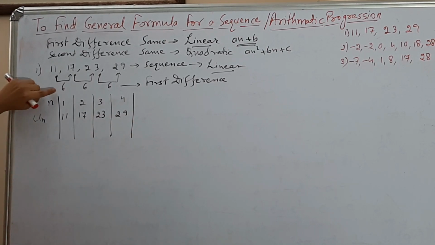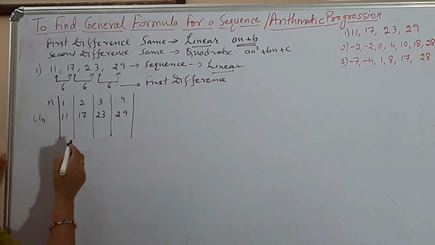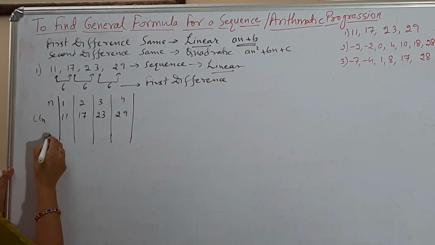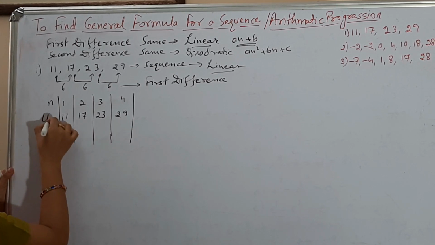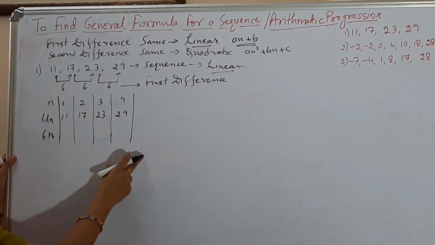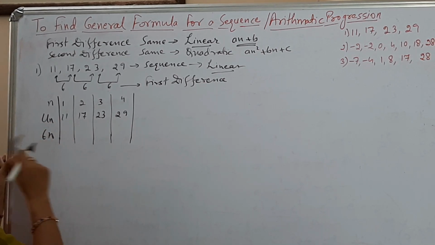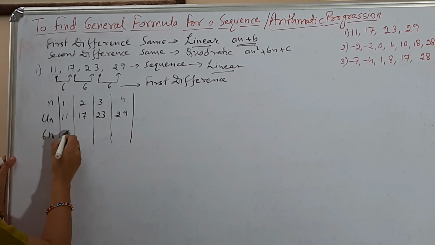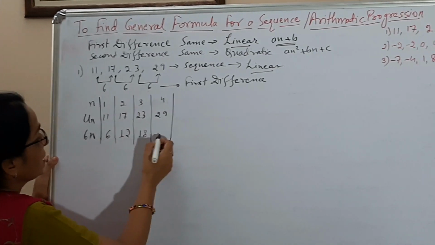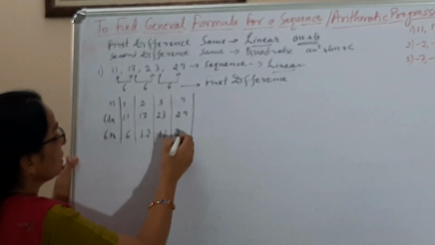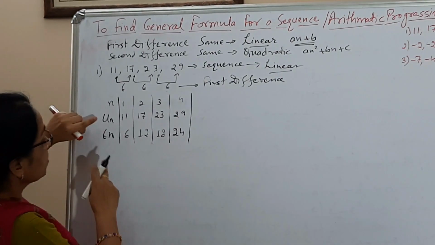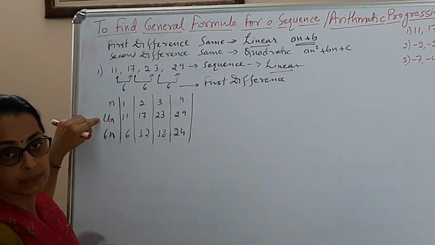And as I know that the difference is 6, here we will compare with 6n. So 6n means for n equal to 1 it is 6, 6 2s are 12, 6 3s are 18, and 6 4s are 24.